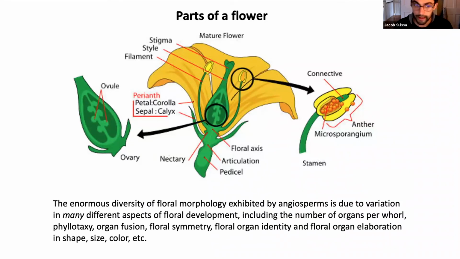Because you have all of these specific structures, particular structures that the microspores are born on, specific structures that the megaspores are born on, et cetera, then you can modify these things. And that's where we get the exceptional diversity of floral morphology.